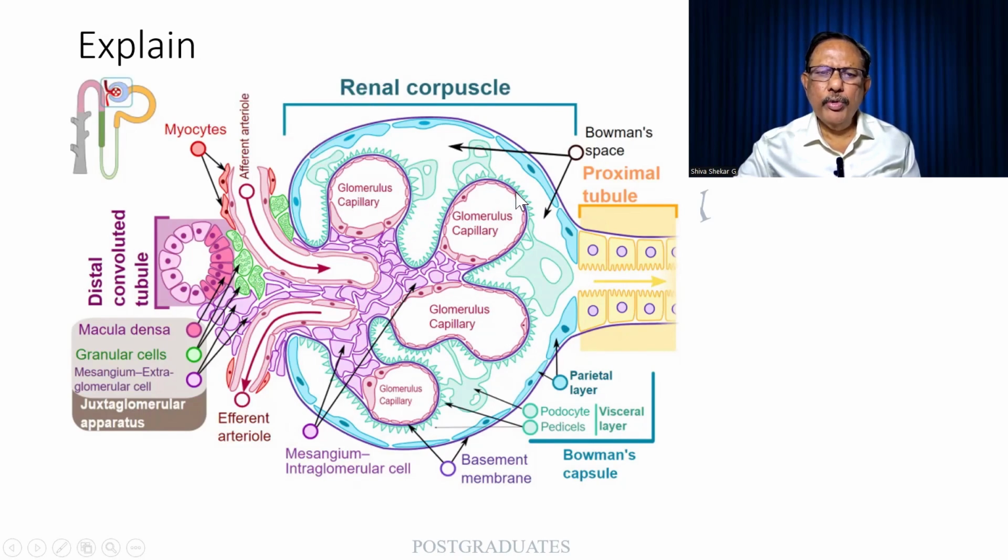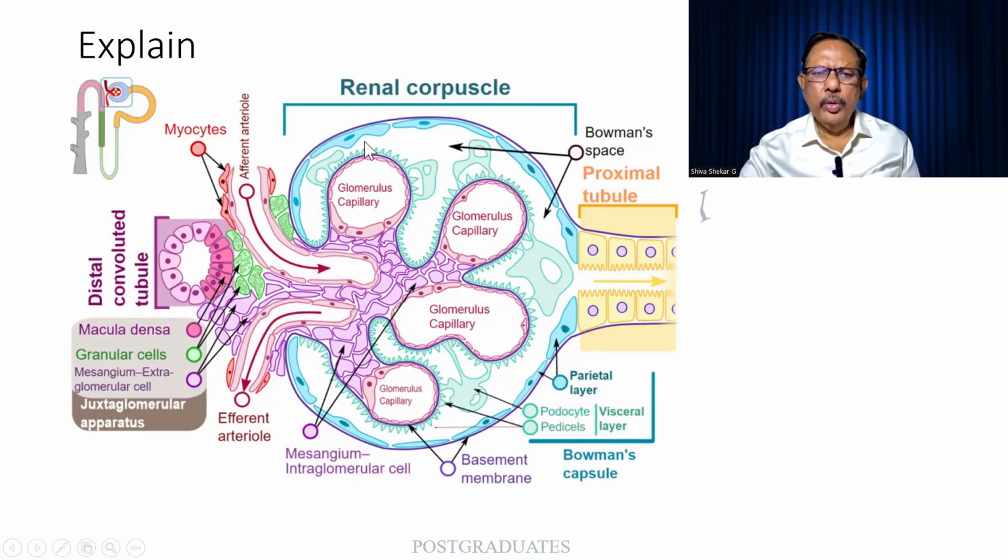These are all the foot processes, and this is a more flattened endothelium, and this is a capillary space. Anything has to be supported, and this is the mesangium which supports the tuft of capillaries, and there will also be a matrix, the mesangial matrix. So mesangial cells, mesangial matrix, capillaries, endothelium, epithelium.